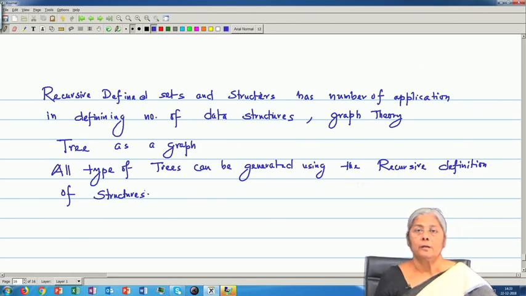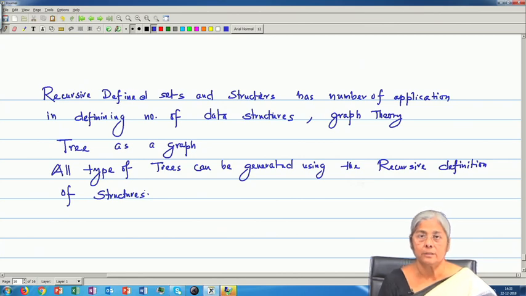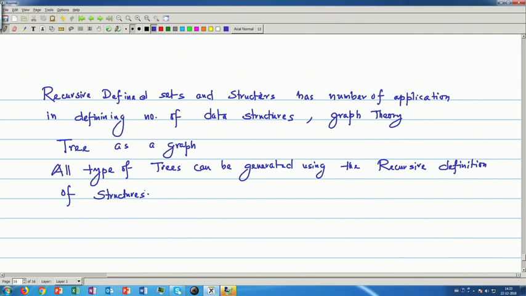Okay. So, what we have read is that particularly for sets, functions and sequences, if we have some initial values and we can give a recursive rule, then by applying the recursive rule we can construct or generate the new sets, as well as the new functional values or the terms of the sequences, very easily.